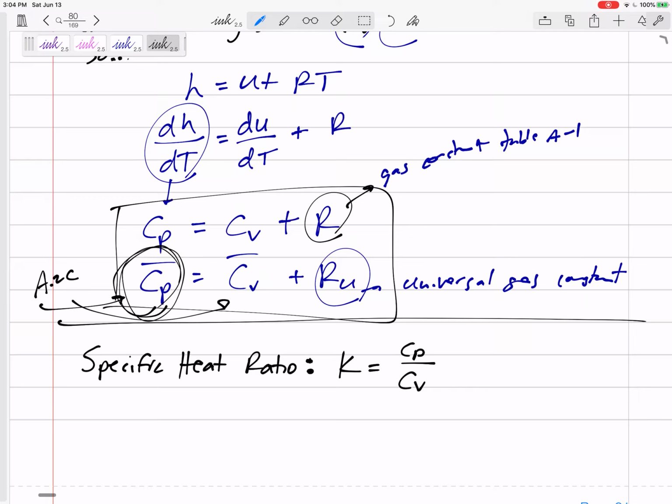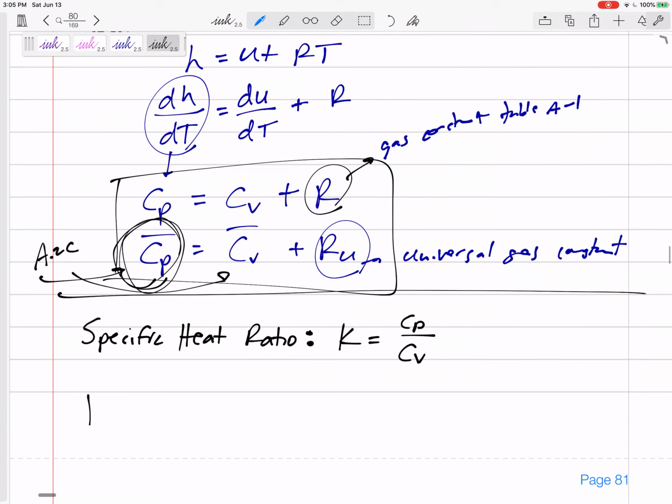Another thing before we wrap up and review: the specific heat ratio is the ratio of Cp over Cv. It's very interesting that this is the same for some gases. It's 1.667 for monatomic gases.